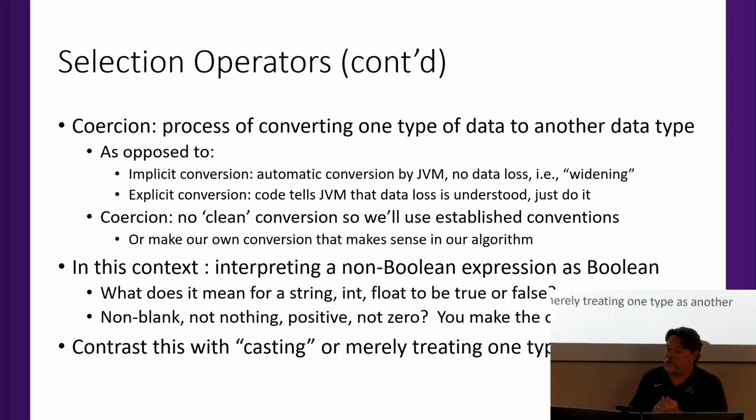In other cases, there are explicit conversions. Like if I'm doing a narrowing operation, if I'm going from a long data type down to a short, well, I've only got half the bytes, so I'm going to lose quite a bit of data resolution there. So if you're going to do that, if you don't want Java to give you an error or complain to you with a warning, you have to be explicit about it.